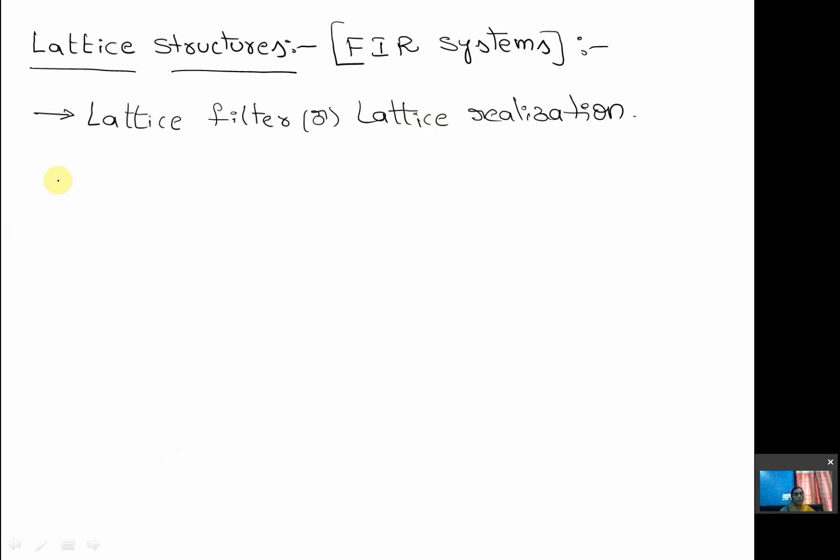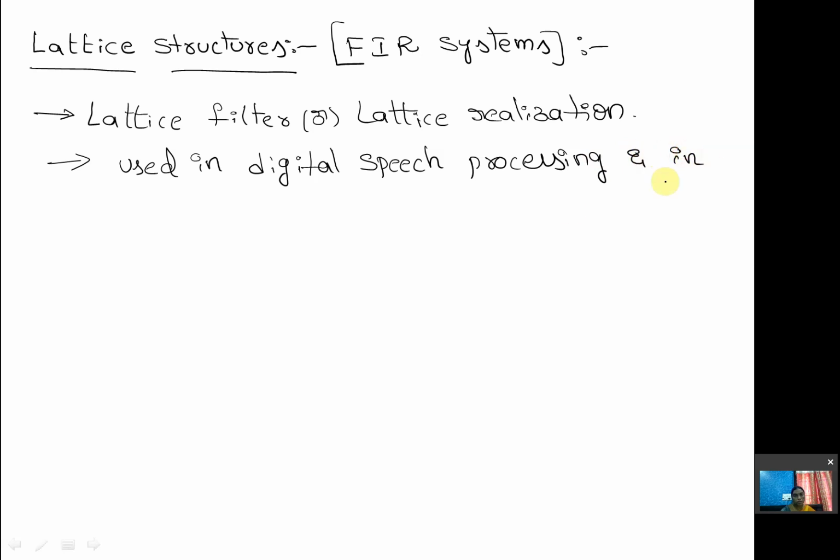So the lattice structure is also called a lattice filter or lattice realization, and this type of structure is extensively used in digital speech processing and in the implementation of adaptive filters.